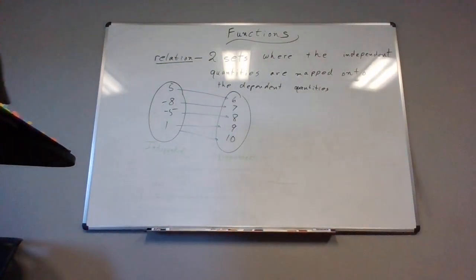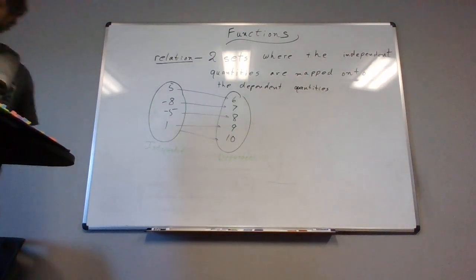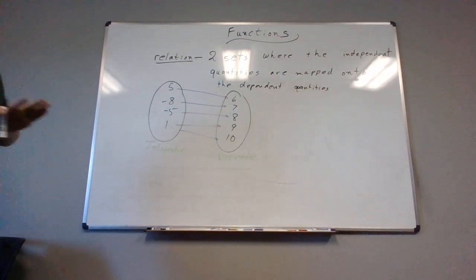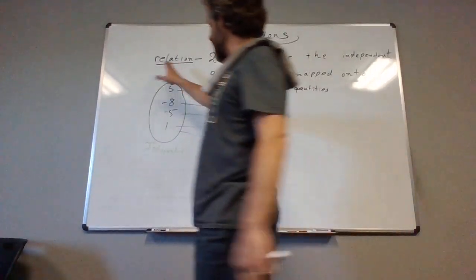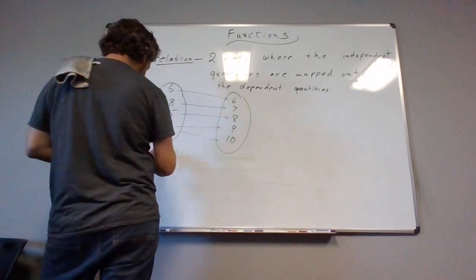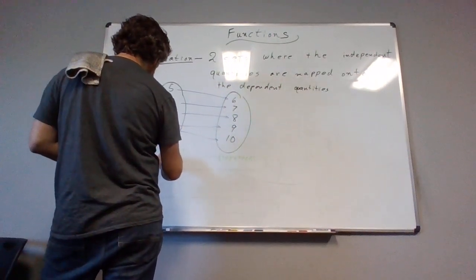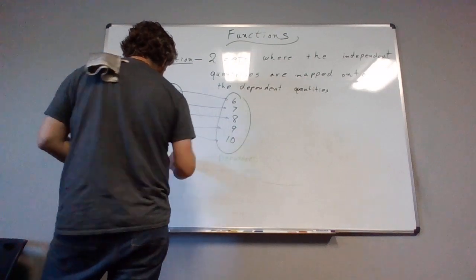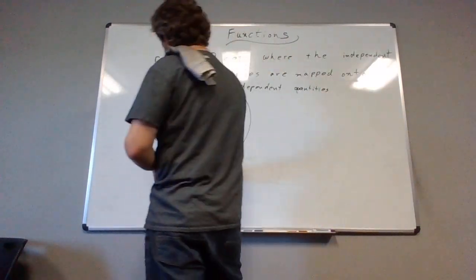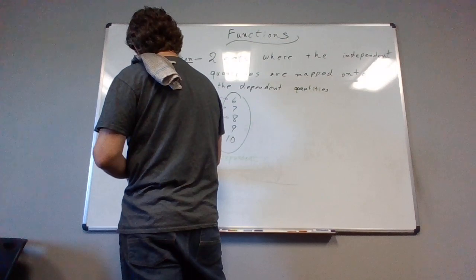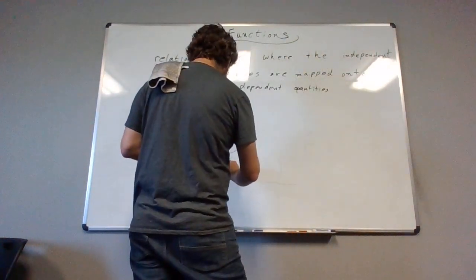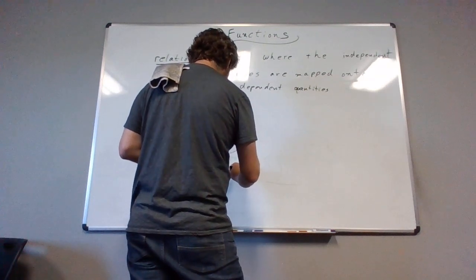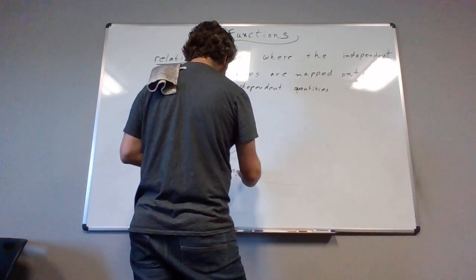Making sense so far? Okay, so the independent and dependent quantities have some other names. The list of all of the independent quantities is called the domain. And the list of all the dependent quantities is called the range, which is not the same as range in statistics, where you take the biggest number and subtract the littlest number.